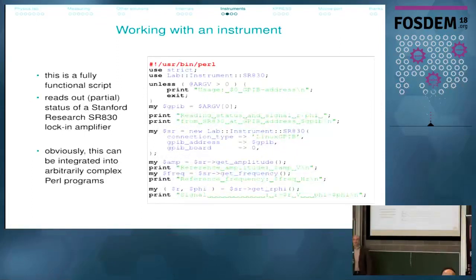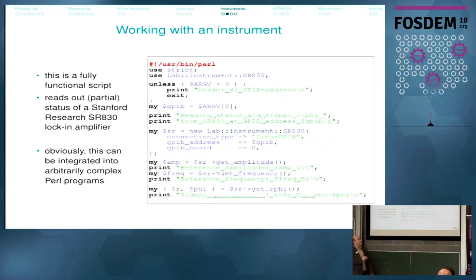Doesn't matter now exactly what these values mean, but anyway, you get ready-made functions for getting the various device parameters. And obviously, you can do this in such a small program, but you can also write a big and complex Perl script, a big package that does much more complex things with the equipment.